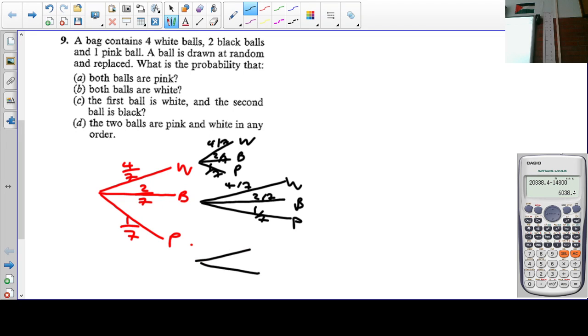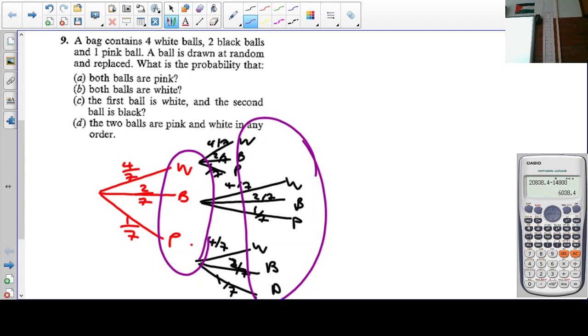If you draw the pink on your first draw, it's white, black, pink again, 4 out of 7, 2 out of 7, and 1 out of 7. So this is your first event, and that is your second event.